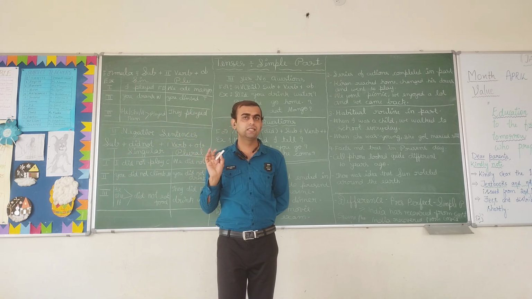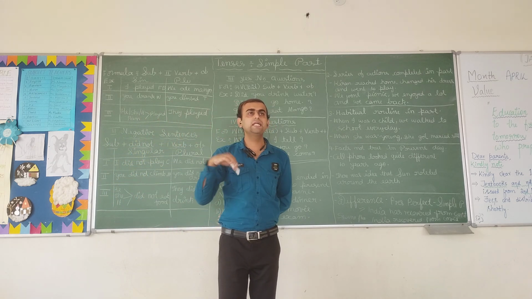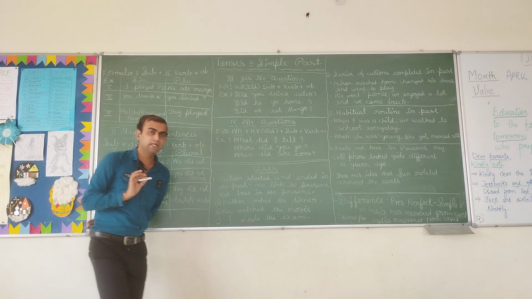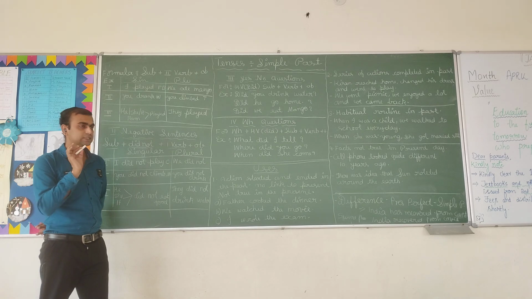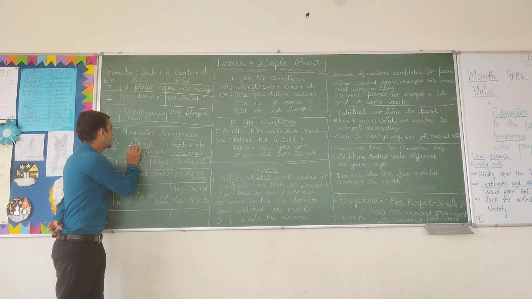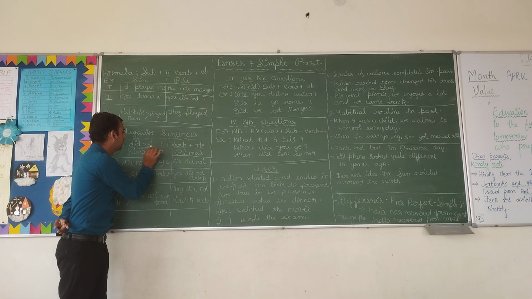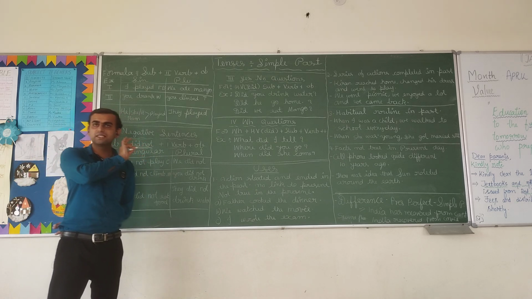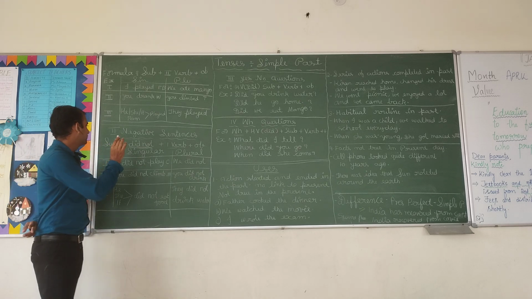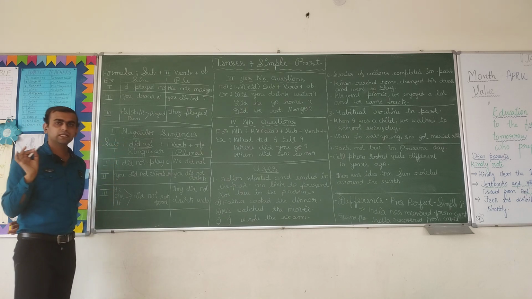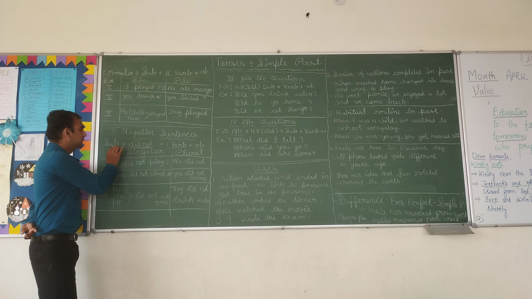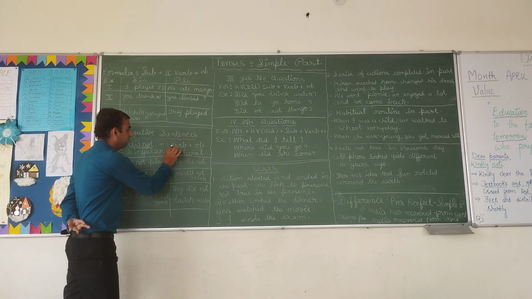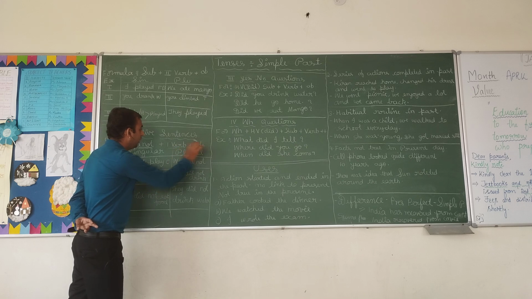Now, let us see how to make negative sentences in the simple past tense. When we make a negative sentence in the simple past tense, we use did as a helping verb. Did not. For a negative sentence, we are negating something and we are saying did not. The formula for a negative sentence is subject plus helping verb did not plus first form of a verb plus object.